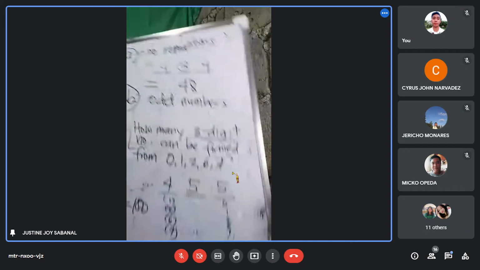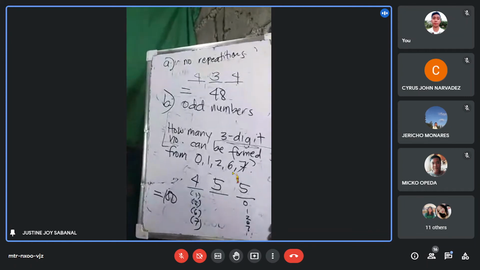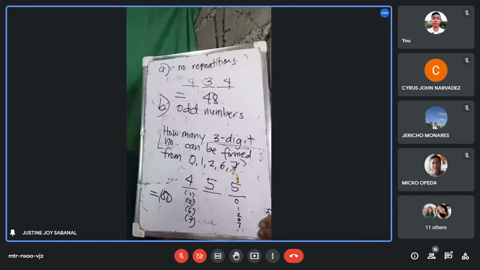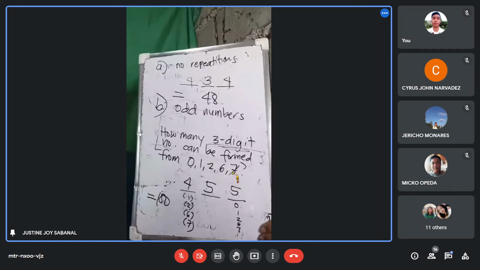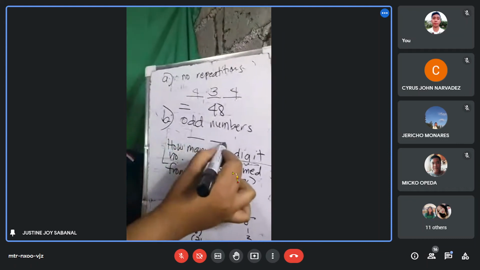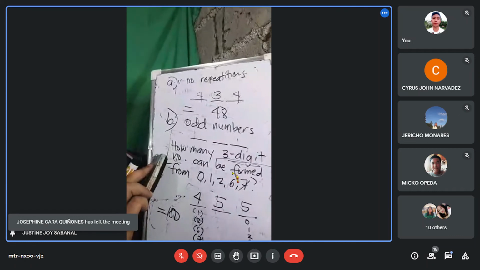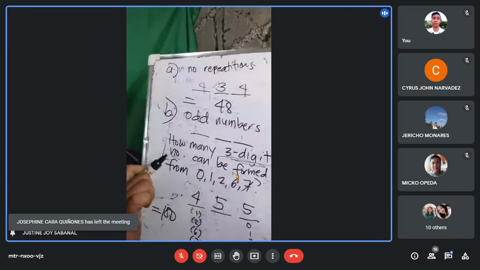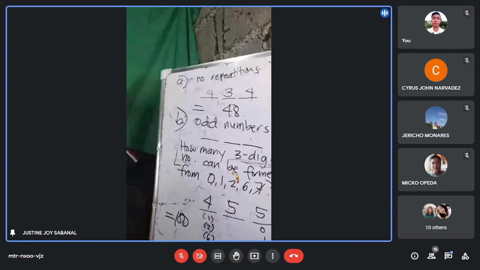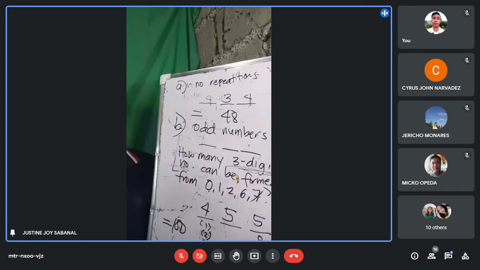So, how many of the 3-digit numbers are odd numbers? Paano ba natin masasabi na odd numbers? Dapat saang mga numbers siya nag-e-end?